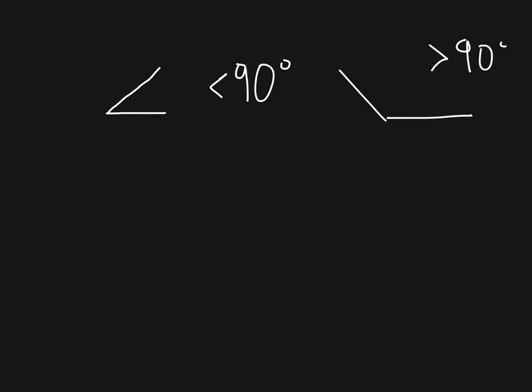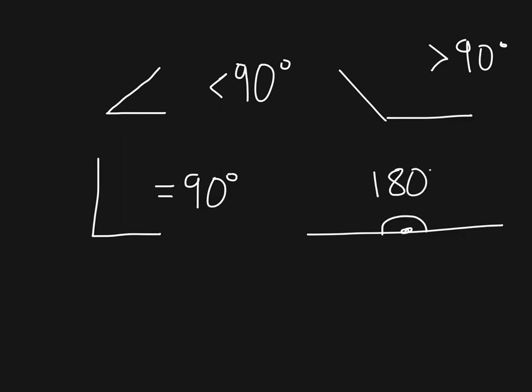I want to review some of the things that we know to be true about angles, since we've been talking a lot about angles this whole past week and a half or so. We know that an acute angle is going to be less than 90 degrees. We know that an obtuse angle is going to be more than 90 degrees. We know that a right angle is exactly 90 degrees, and we know that a straight angle is 180 degrees.